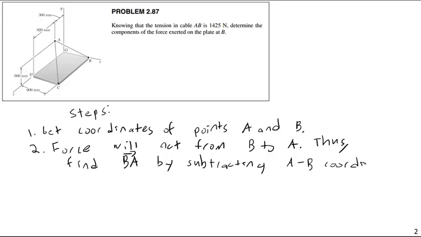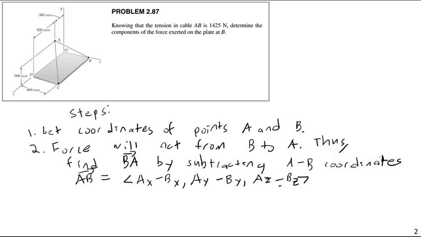What I mean by that is, vector AB is going to be equal to Ax minus Bx, comma Ay minus By, comma Az minus Bz. Like so. Okay? So that's how we get vector AB.